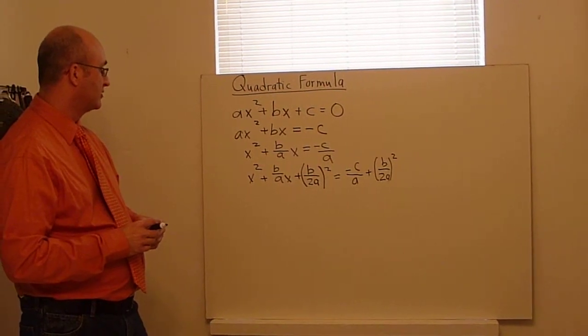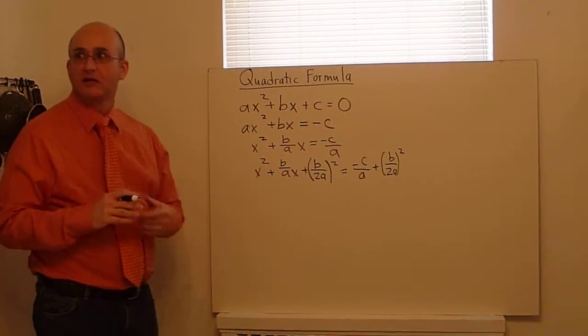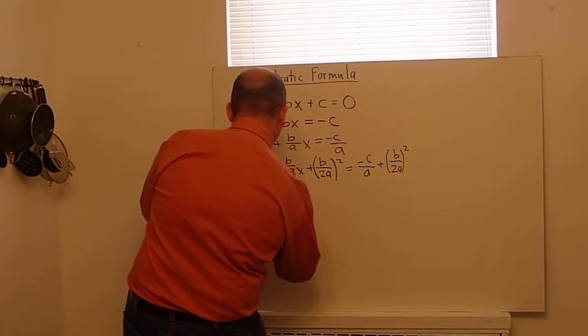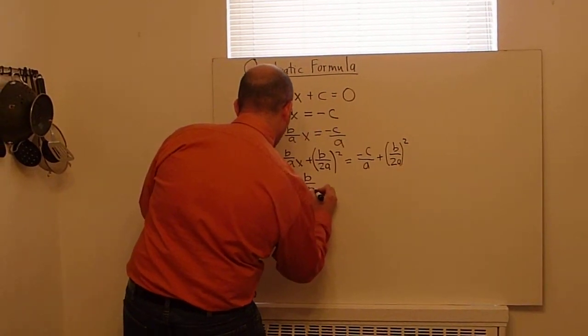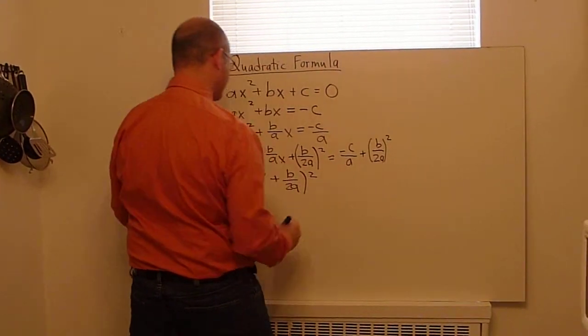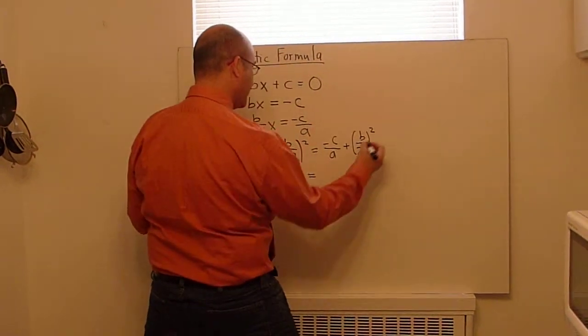Now, in order to factor this into a perfect square, it's going to look something like x plus b over 2a squared equals, and let's expand this out a little.